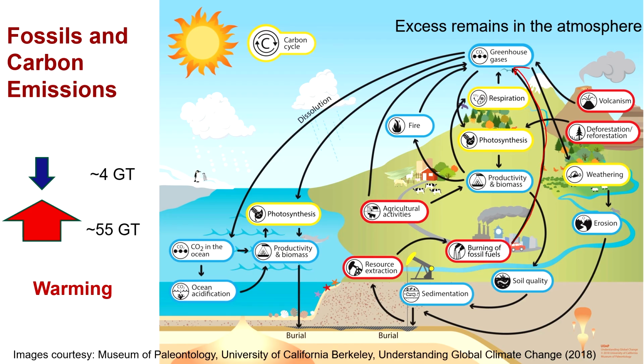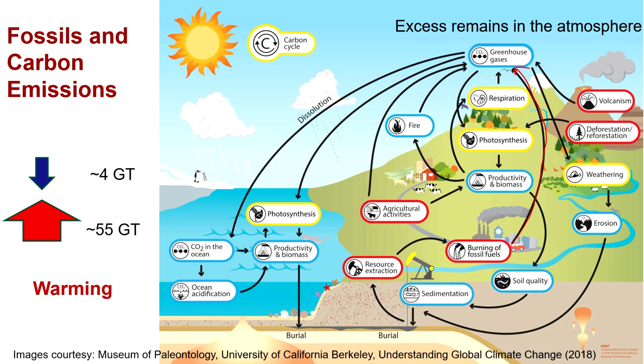Deforestation also leads to release of carbon dioxide, because the carbon dioxide which could have been absorbed by trees is not being absorbed right now. Similarly, agricultural activities, rearing animals, and producing food also result in emission of greenhouse gases.